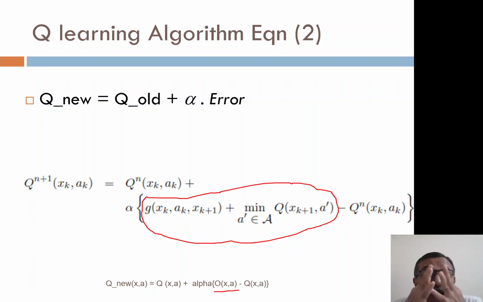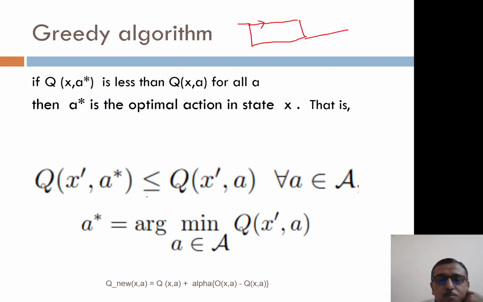Once you get the optimal Q value, you are done. You will get the optimal policy using that argmin formula. Suppose these are optimal Q values, you know the optimal action by taking argmin.